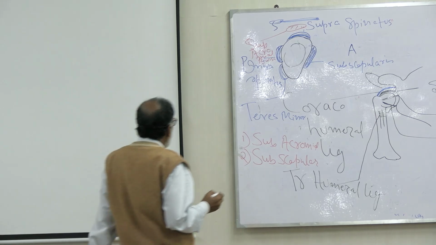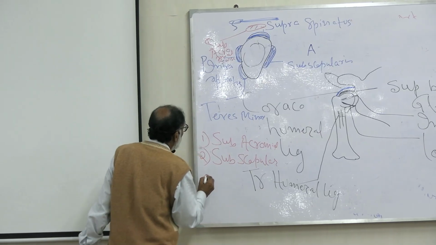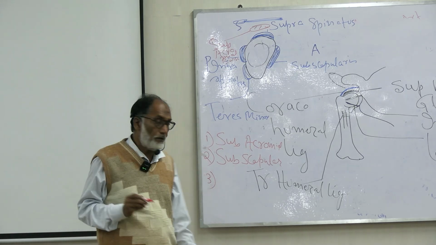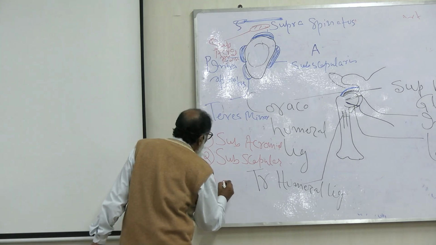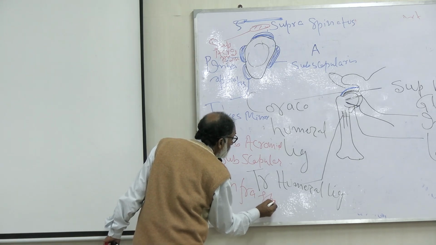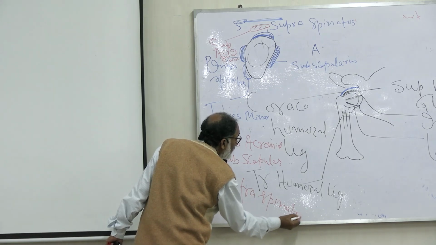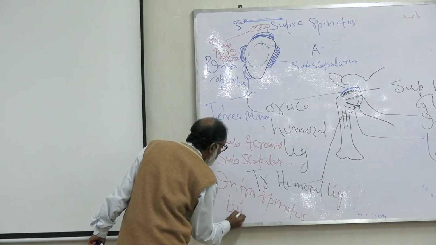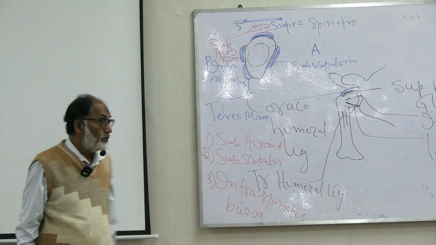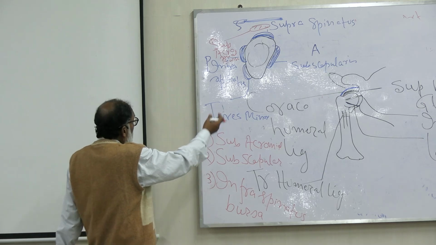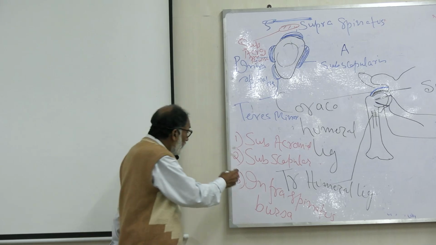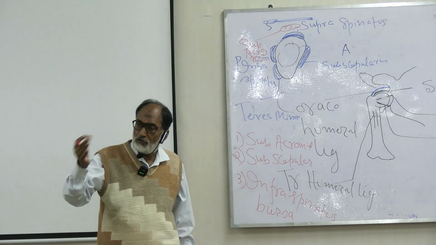Then, infraspinatus bursa. It is deep to the infraspinatus muscle. Subscapular bursa actually communicates with the joint cavity, and infraspinatus bursa sometimes may communicate with the joint cavity.